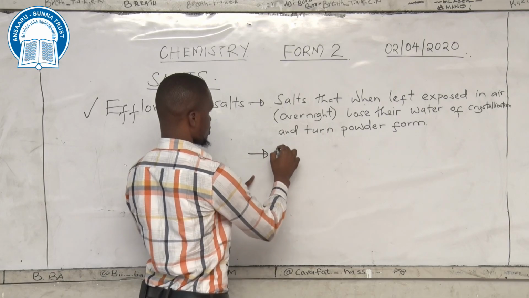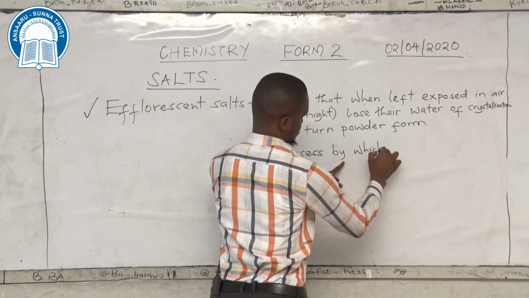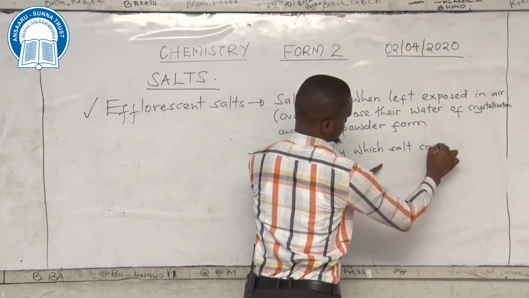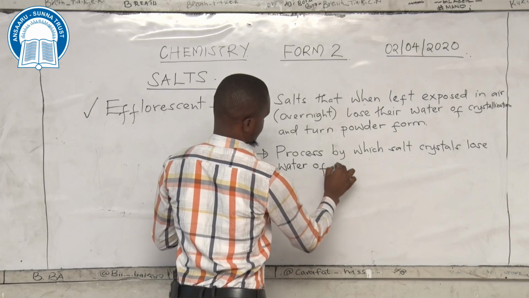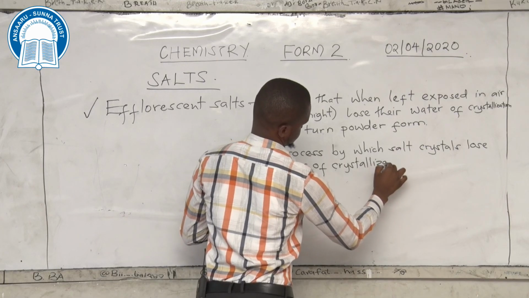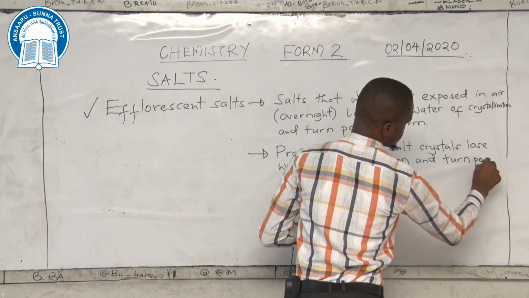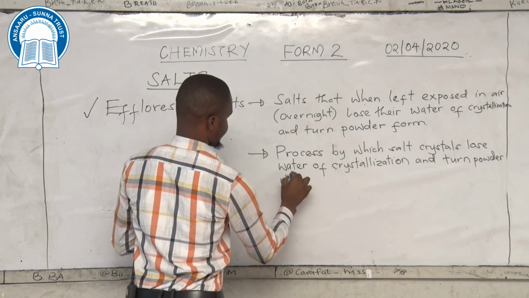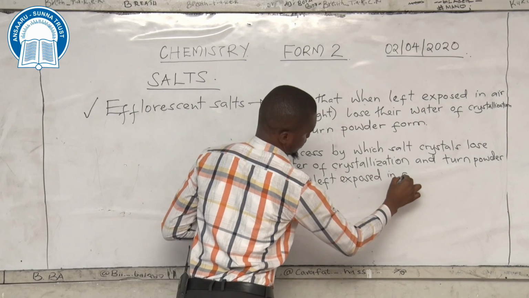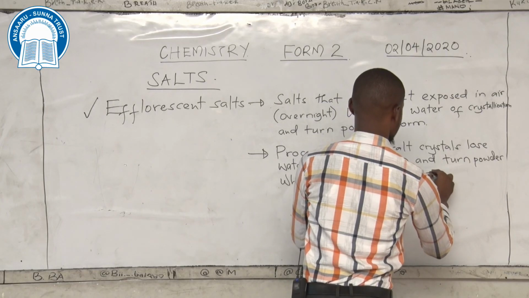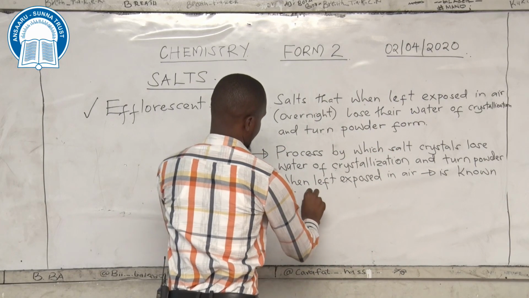These salts do so through a process. The process by which salt crystals lose water of crystallization and turn into powder when left exposed in air is known as efflorescence.